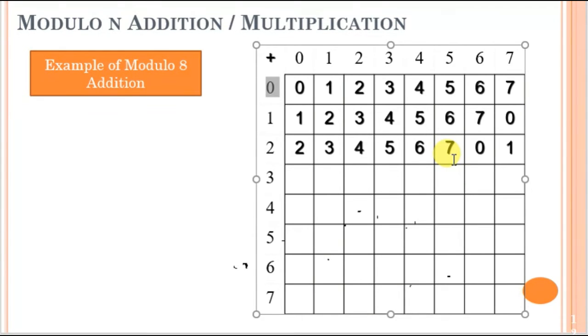And if the values of this table are less than or equal to 7, then it also satisfies all these properties, because when we talk about modulo 8, the values lie between 0 and 7. If the value is greater than 8, then it doesn't satisfy the property.